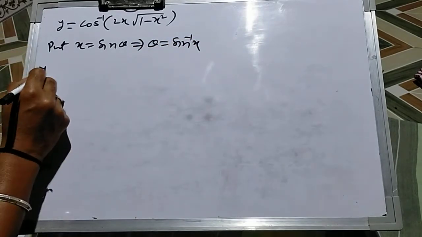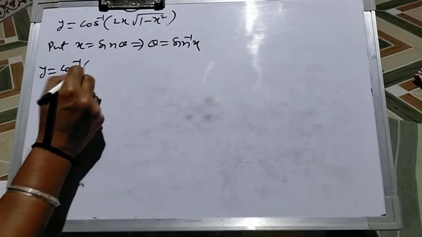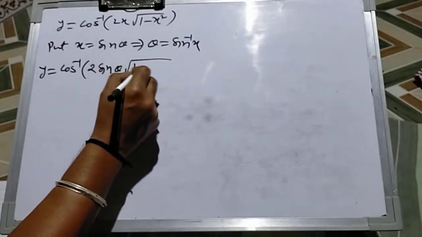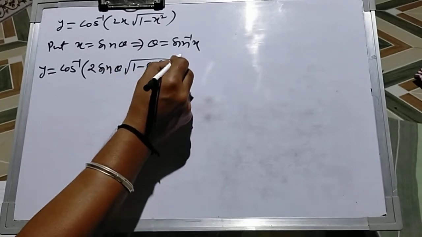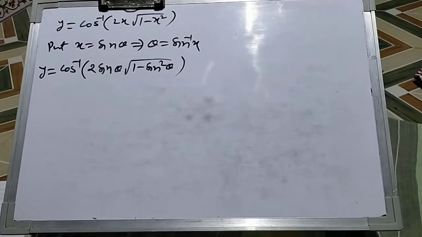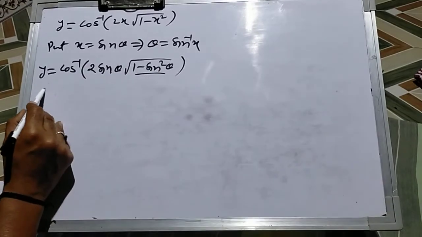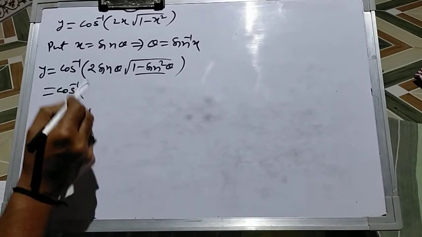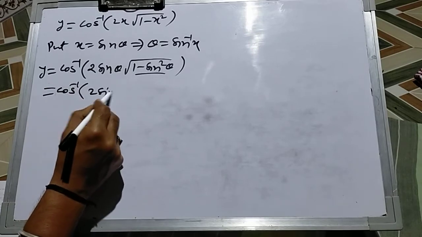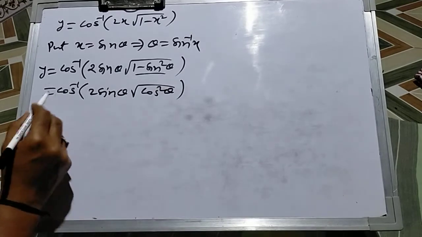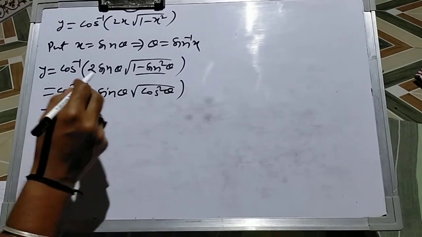So y is equal to cos inverse of 2 sin theta divided by root 1 minus sin square theta. 1 minus sin square theta means cos square theta. So this is equal to cos inverse of 2 sin theta root cos square theta. Again root cos square theta means cos of theta.